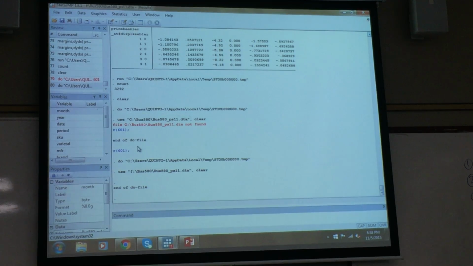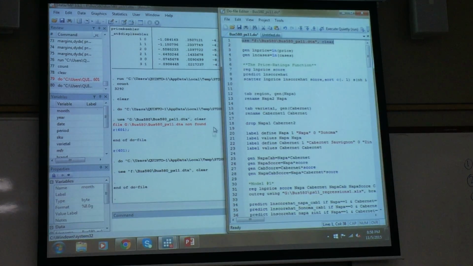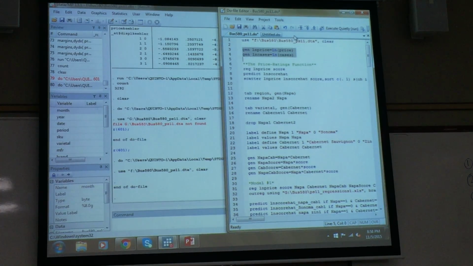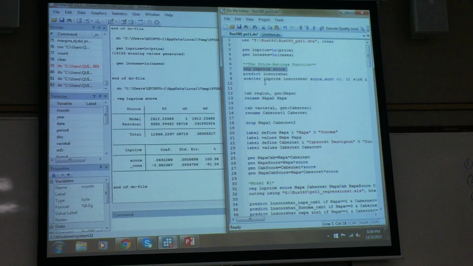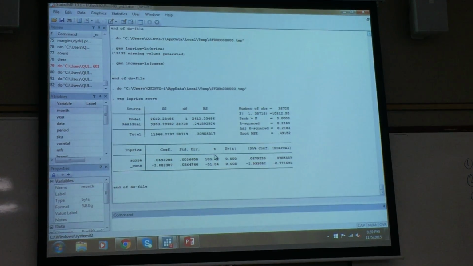Although we're not going to do cases, let's just generate those real quick. And here's that first regression that we got, 6.9.